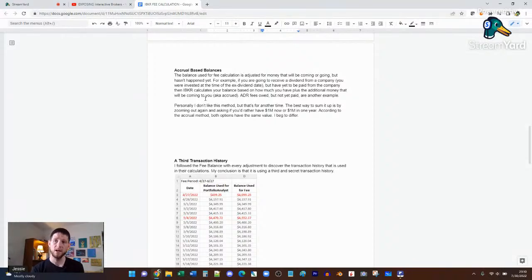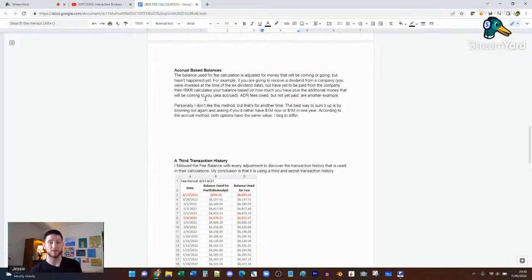For example, if you're invested in a company and it decides to give you a dividend, there's a brief period where they say, okay, we owe you a dividend, but it hasn't been paid to you yet. It takes some time for the money to reach you. What Interactive Brokers does is in that time, it says, well, you're going to receive your dividend. So we're going to say that your net worth increased by that much.